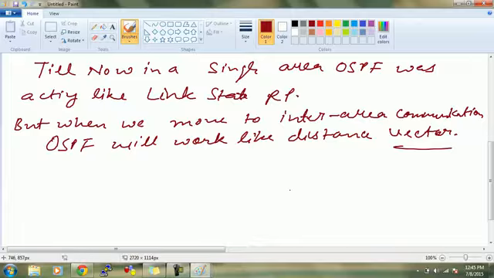It does not mean that there will be a hop count, there will be a number of hops. Distance vector, why I am saying, because all routers in a single area, if they want to reach the routers in the other area, they are dependent on the ABR. They don't know the exact database of the other area. Agree? So what information will the ABR send?